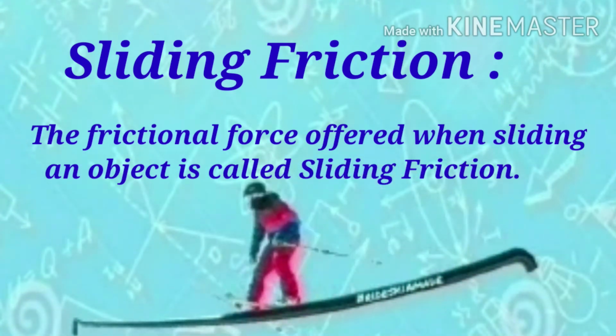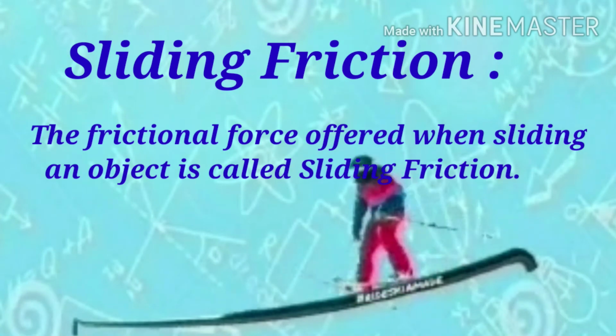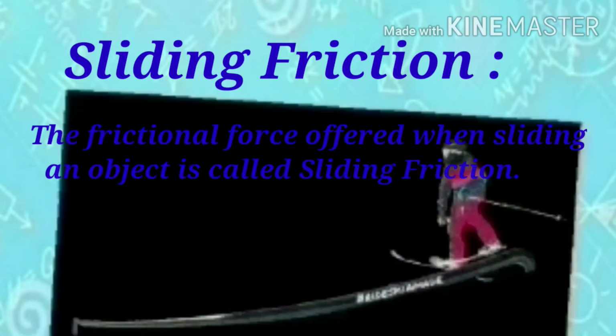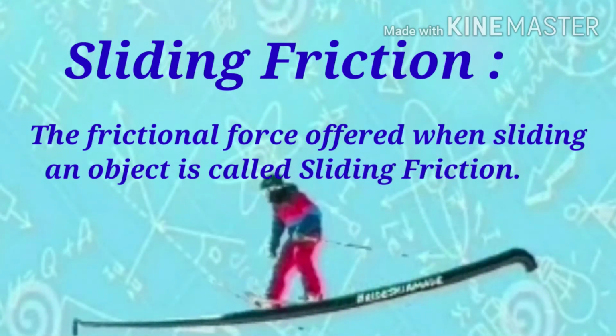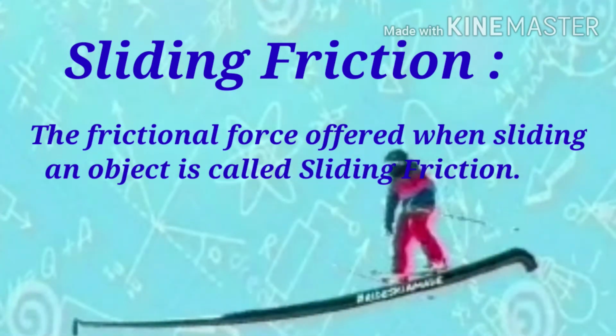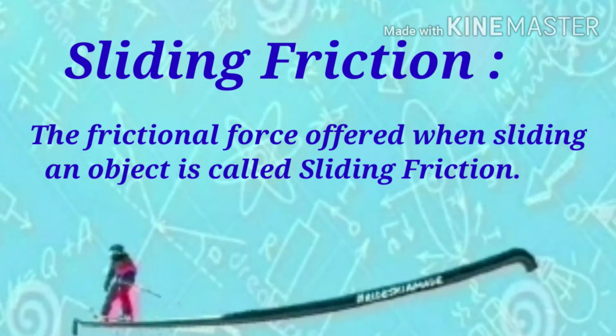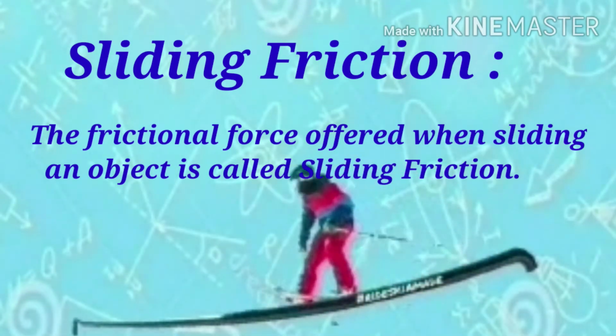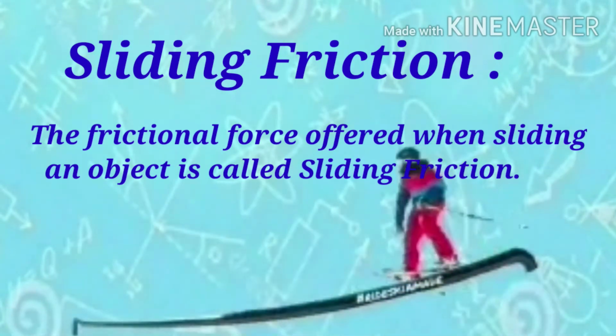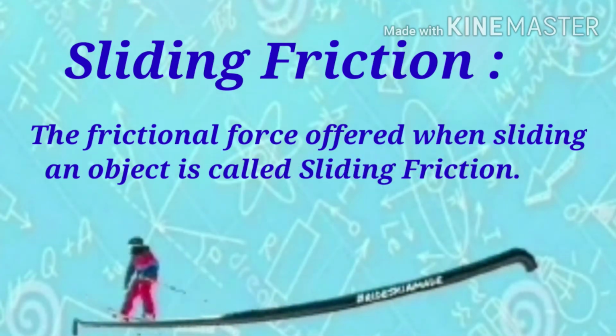So sliding friction depends upon the material of the object and their weight, but it does not depend upon the surface area. So this is the thing on which sliding friction depends. Now once again, what is sliding friction?